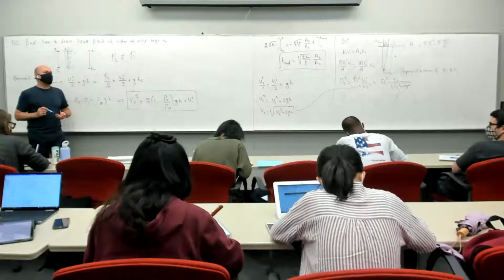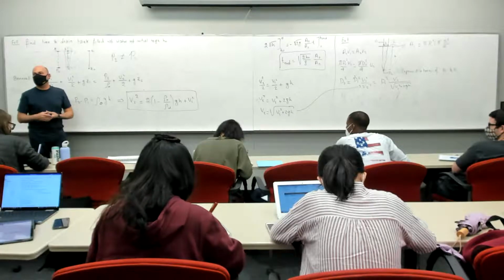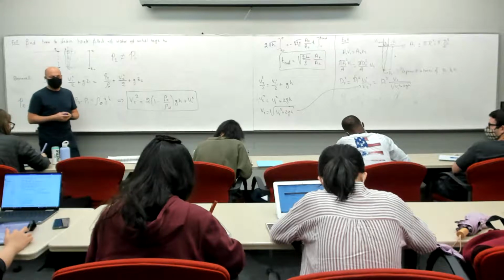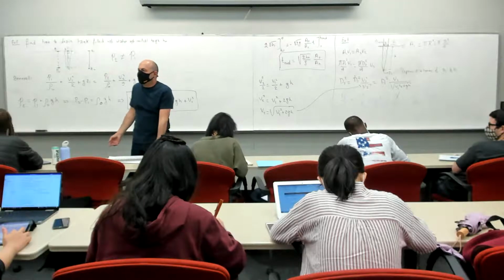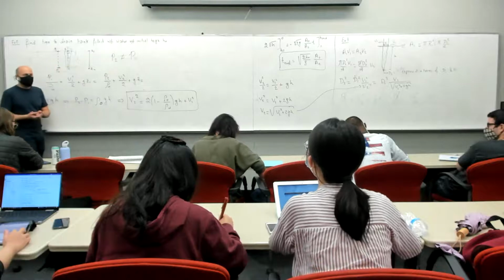Okay, keep that little trick in mind, because that's one of the few cases where you cannot knock out the pressure term in the Bernoulli equation, okay? And that's it for Bernoulli. There's nothing much more you can do with it, okay?